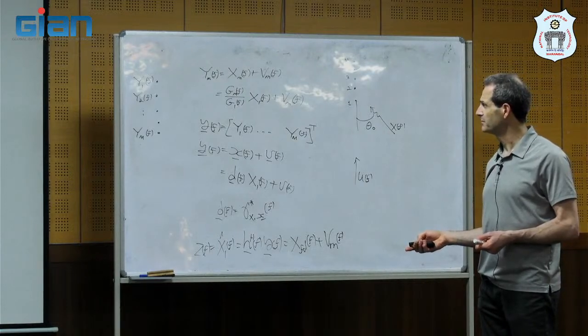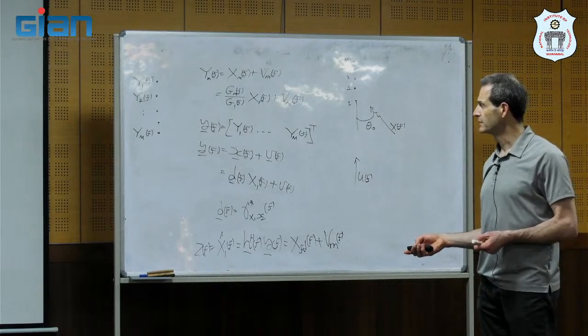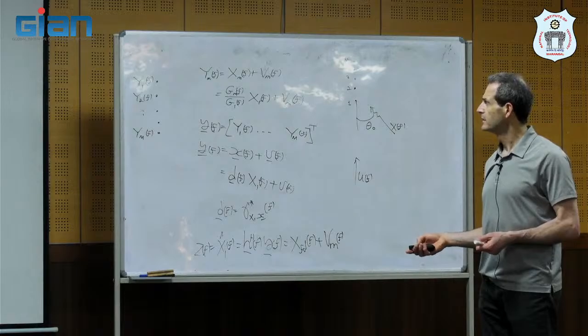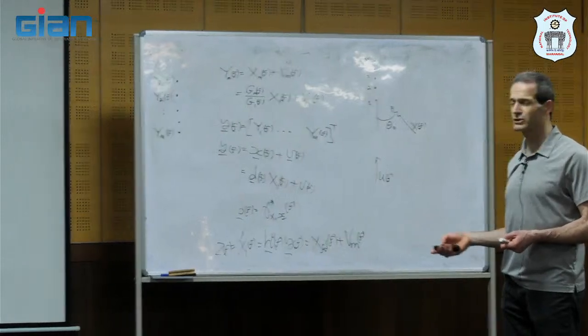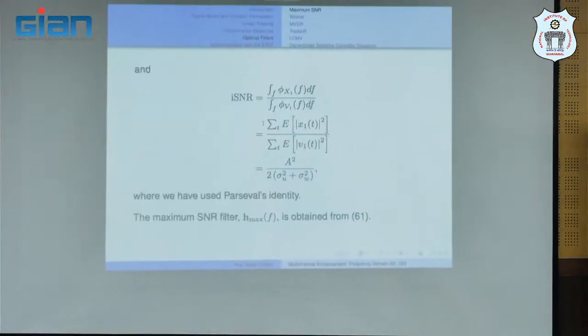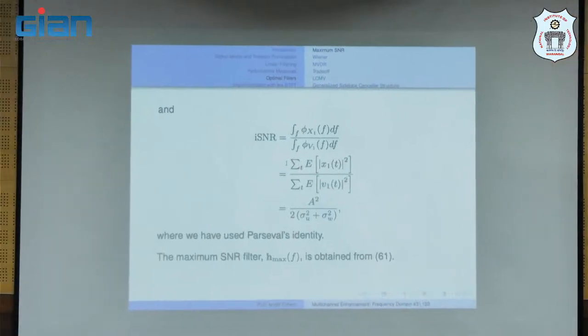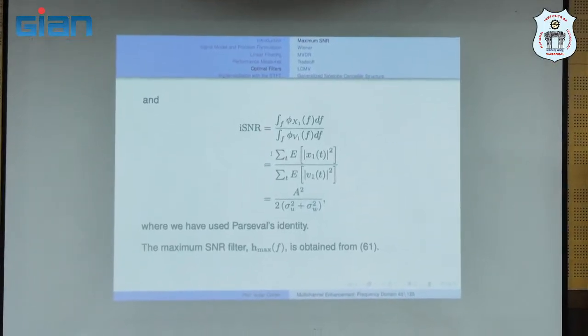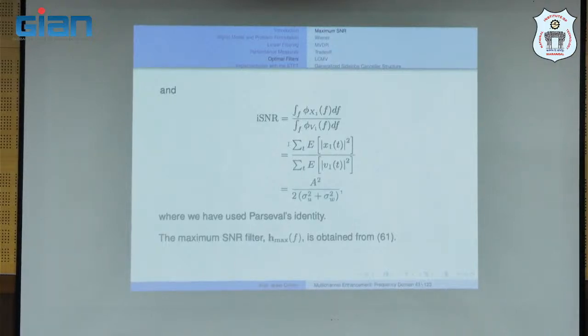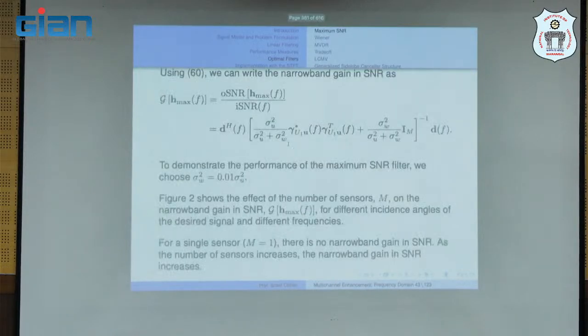So let's see what happens. In this example, by the way, we can compute the correlation matrices and so on. I encourage you to follow these expressions. I'm not going through them because it's an extension of the single channel, but I encourage you to follow how to compute the correlation matrices, phi v and phi x, and so on.